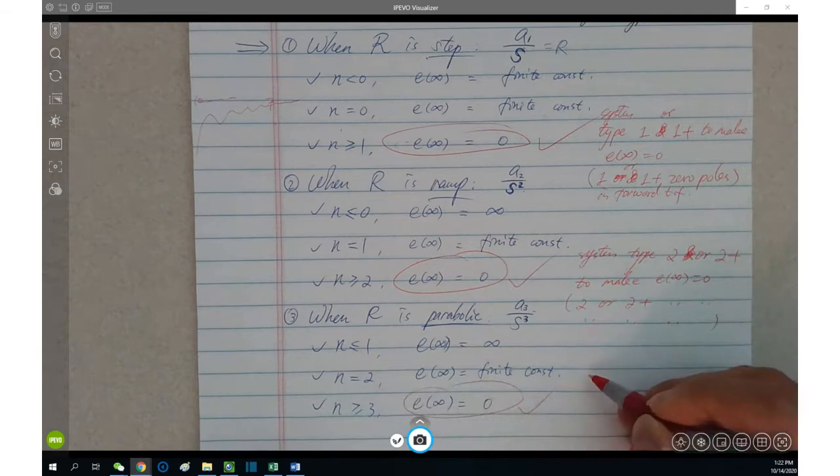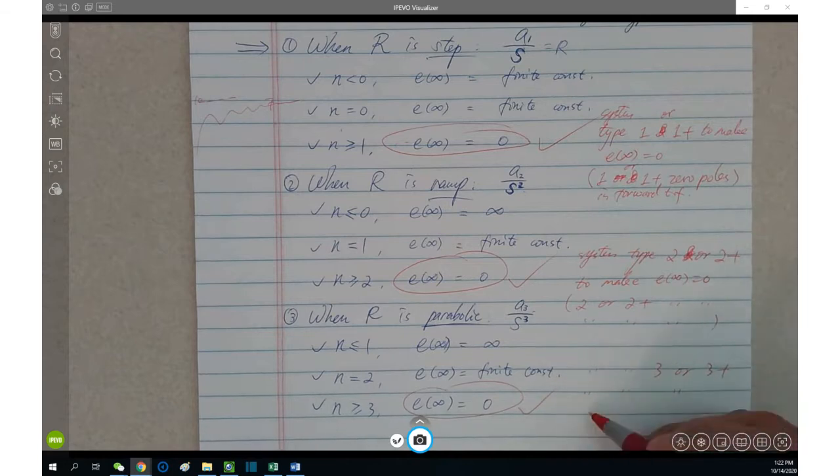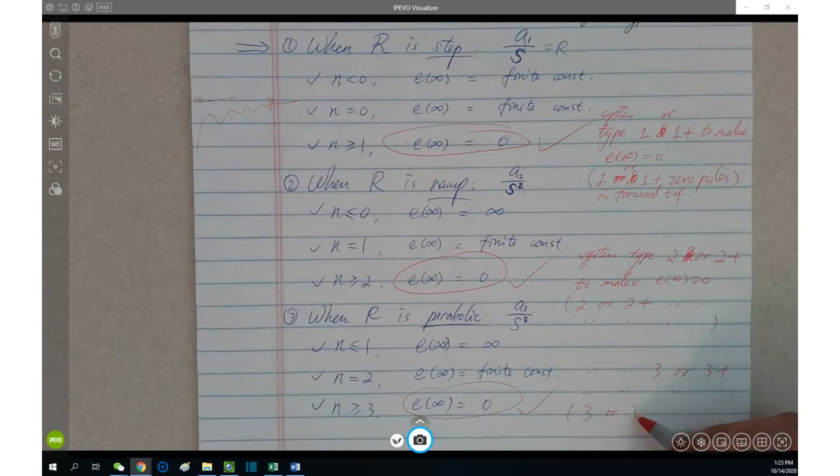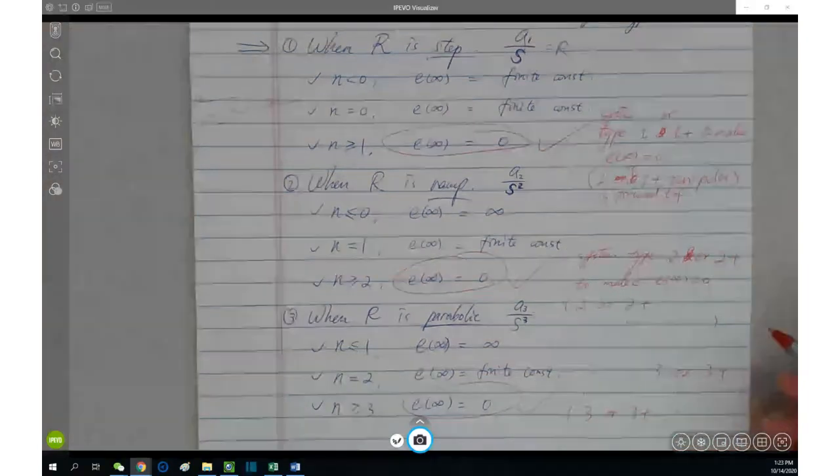And here, system type 3 or 3 plus is needed to make 0 steady state error, which also means you need 3 or 3 plus zero poles in the forward transfer function.